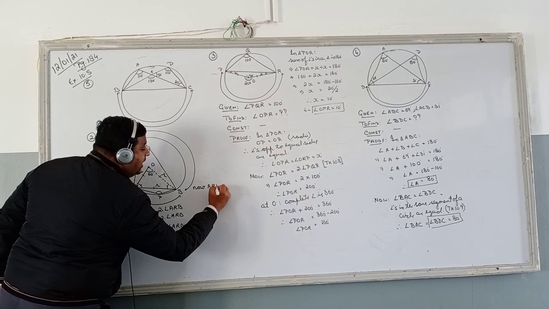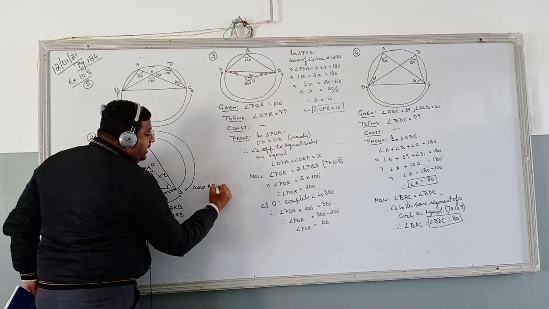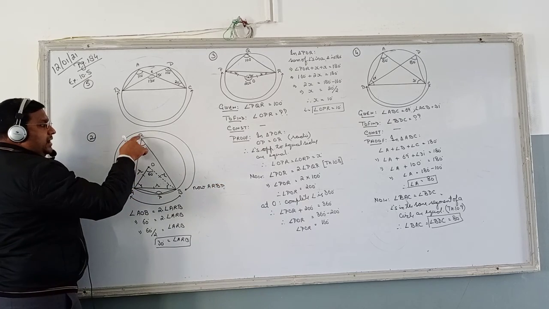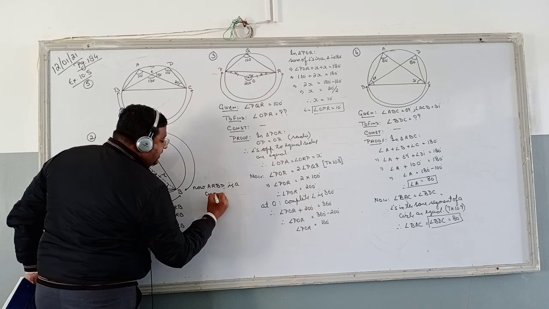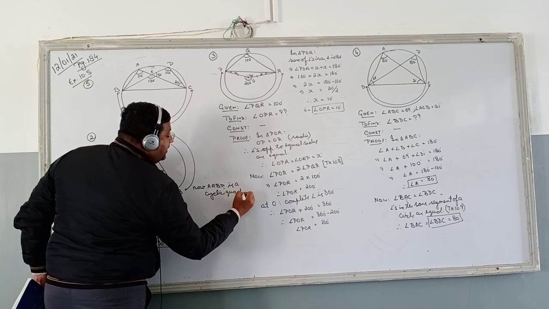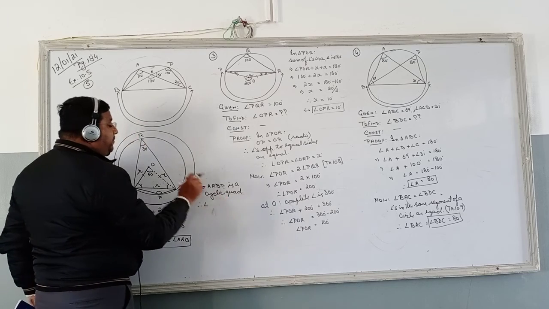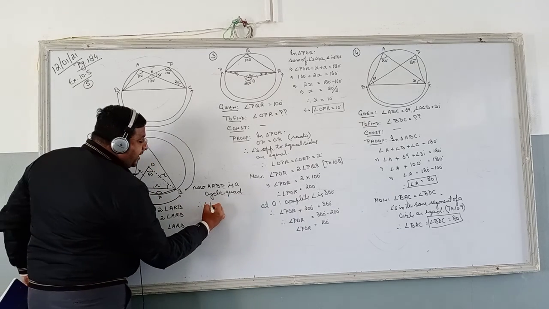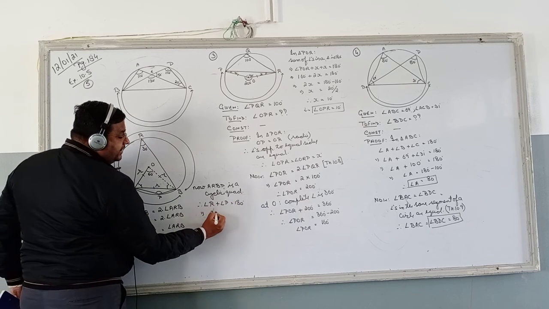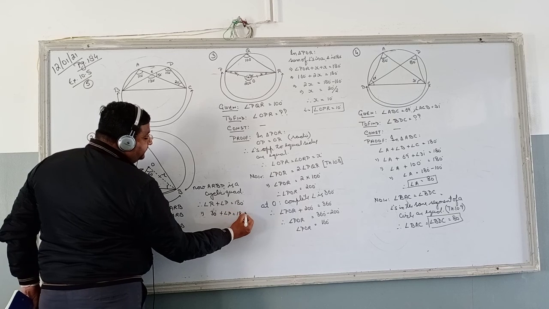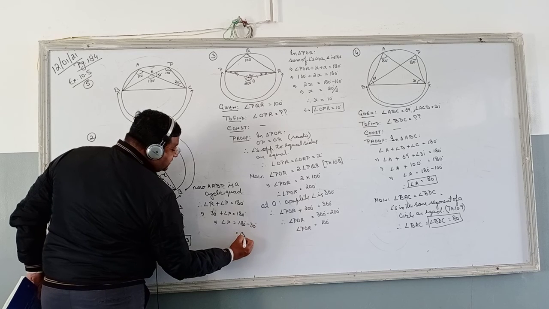So therefore, what does a cyclic quadrilateral give? Opposite angles give the sum 180. So angle R plus angle P is equal to 180. How much is angle R? 30 degrees. Angle P we have to find. So angle P is equal to 180 minus 30. 180 minus 30 is how much? 150.